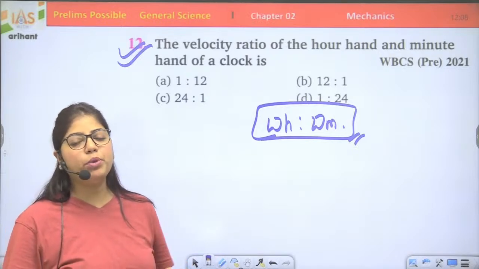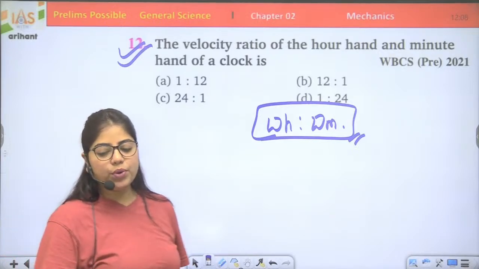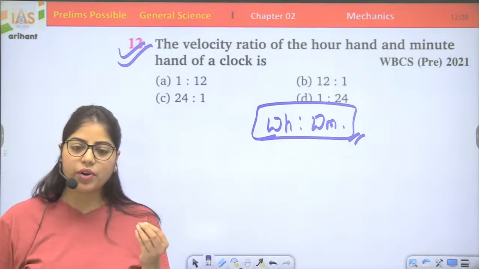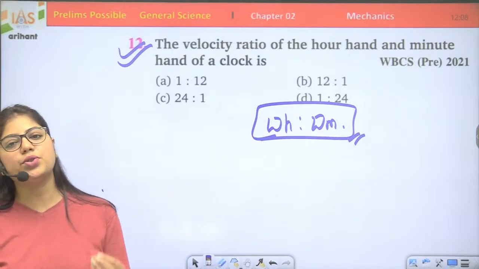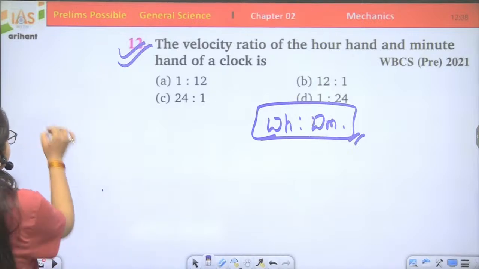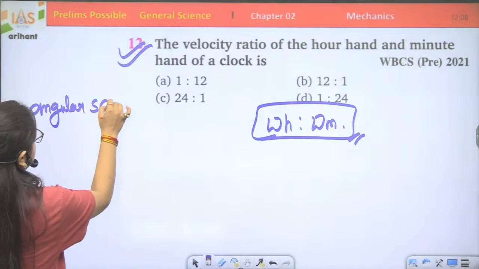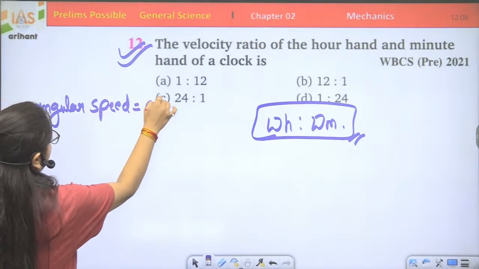The angular speed formula generally computes the distance covered by the body, in terms of revolutions or rotations, to the time taken. Angular speed is denoted by omega.